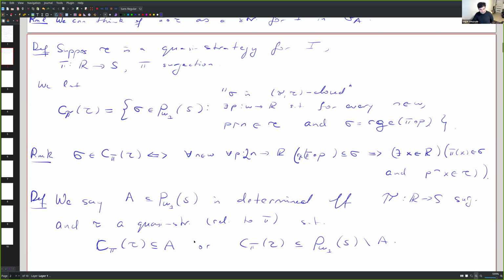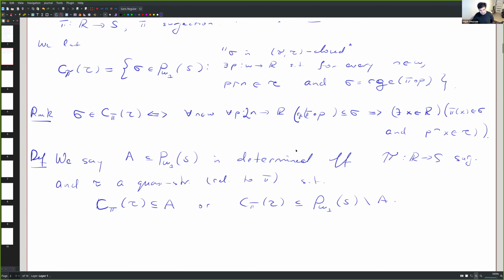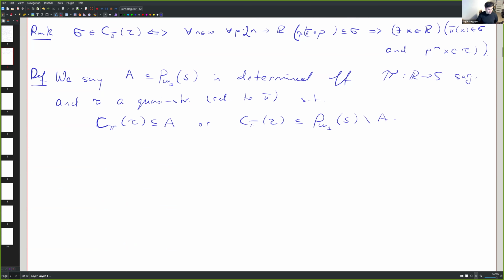And okay, you can think a little bit. It doesn't really depend what the coding is, right? If you had another coding and another strategy, these sets intersect. In fact, a stronger thing is true.